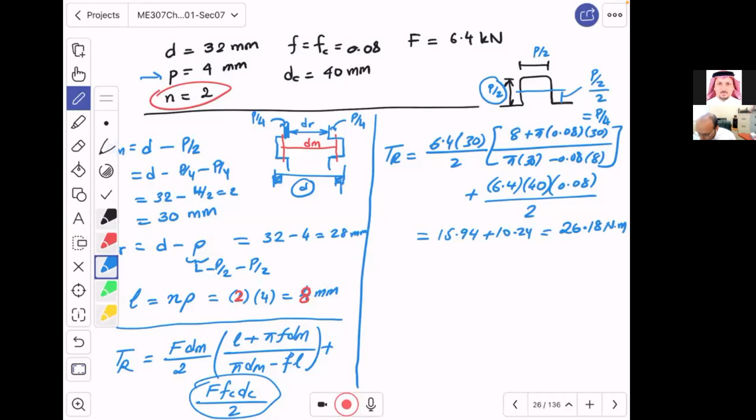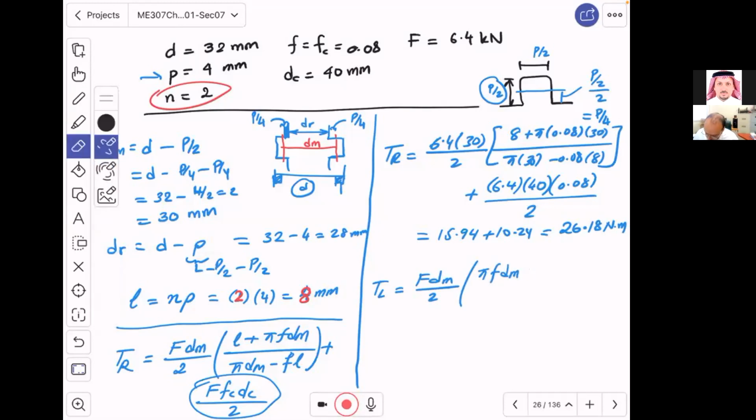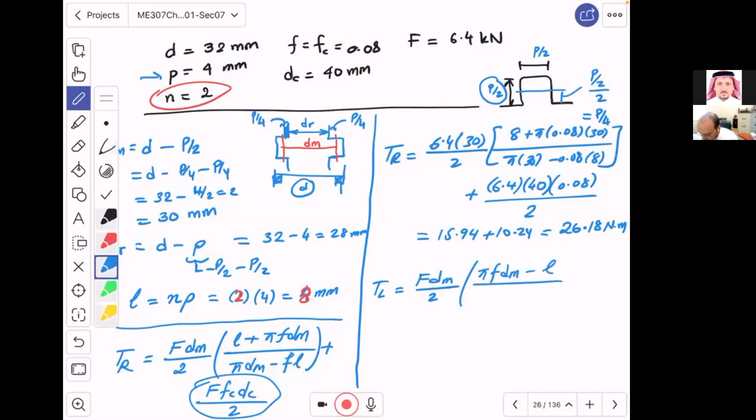Now, what is TL, the lowering torque? The lowering torque, as we get it from the equation, is F multiplied by dm divided by 2, multiplied by (π F dm minus the lead) divided by (π dm plus F times the lead).